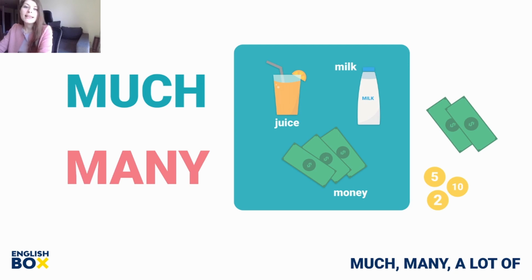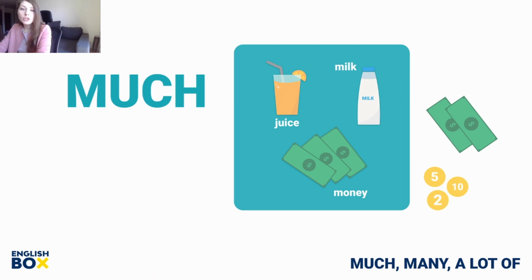It cannot be counted. Now, since all these nouns are uncountable, they should be used with much and never ever with the word many. So you say much juice, much milk, much money, but many coins and many banknotes.